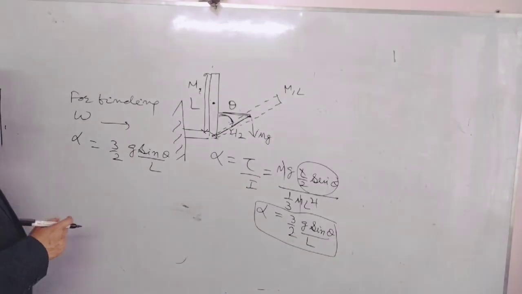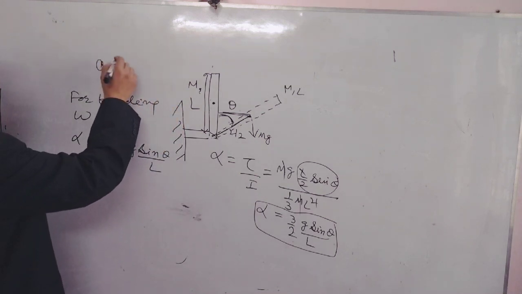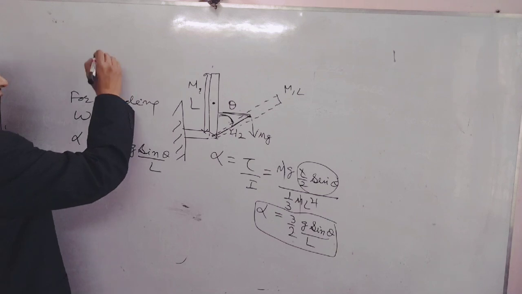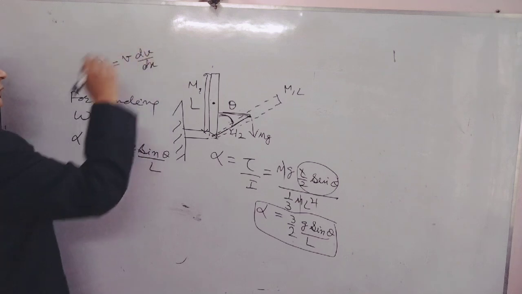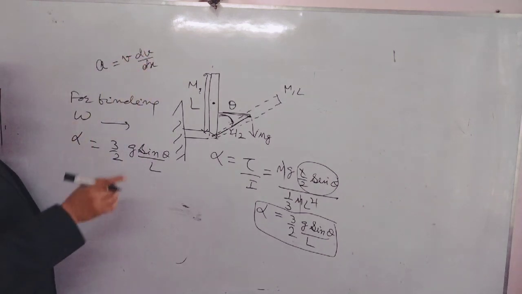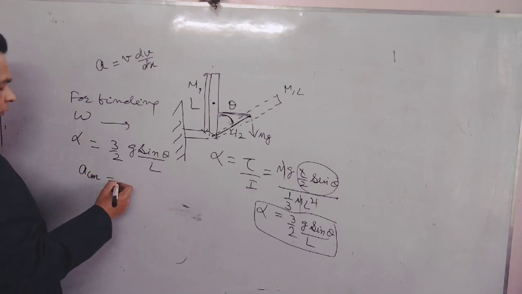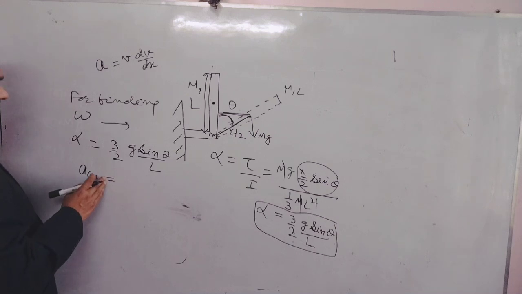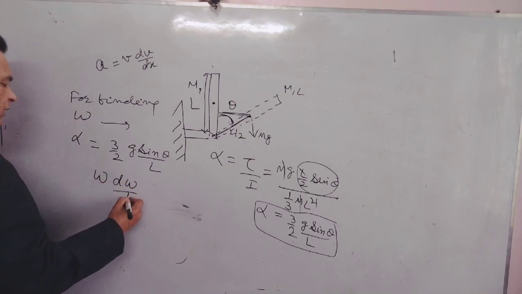Like in translational motion, linear acceleration a_cm is v dv by dx. In the same way, for angular acceleration alpha, we can write omega d omega by d theta.